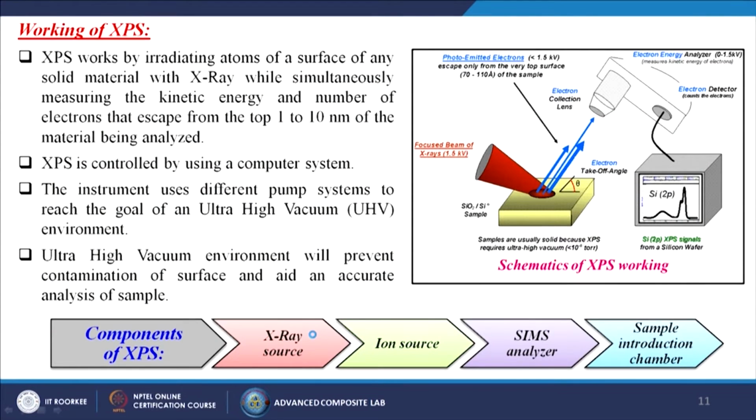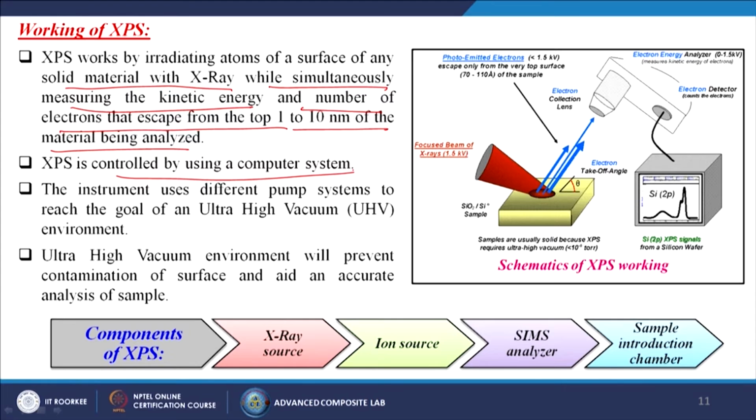Now, working of XPS. XPS works by irradiating atoms of a surface of any solid material with X-rays while simultaneously measuring the kinetic energy and number of electrons that escape from the top 1 to 10 nanometer of the material being analyzed. XPS is controlled by using a computer system.